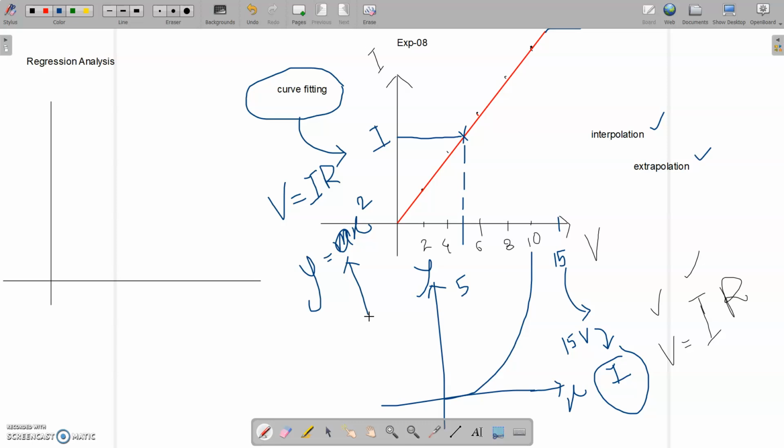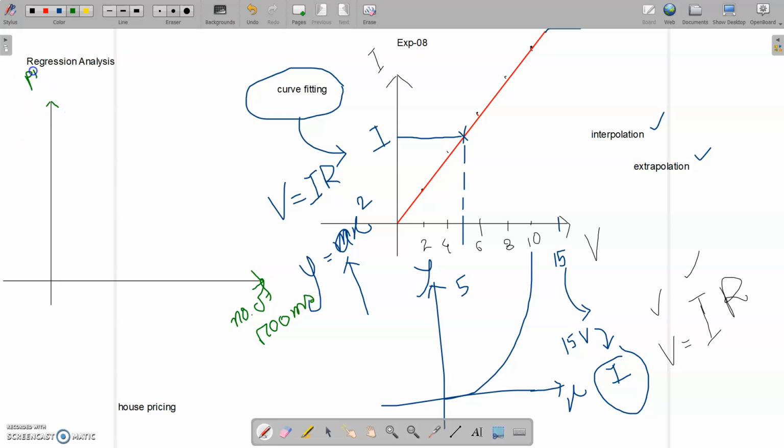Now let's look at a different idea. Say you want to rent a house in Uttara. On the x-axis you put the number of rooms, how many rooms are there in that house, and this is the price of the house.